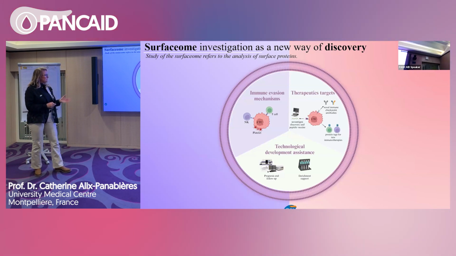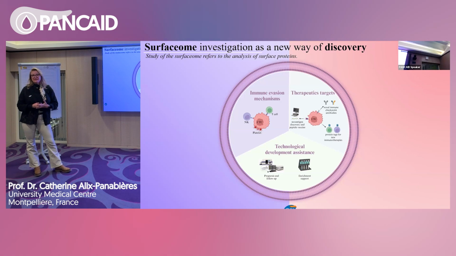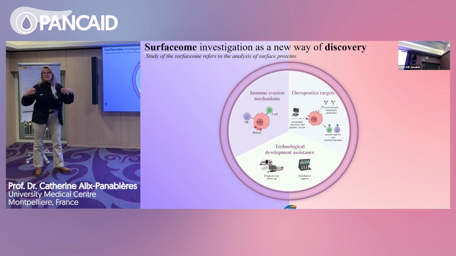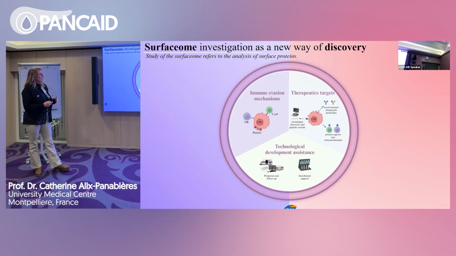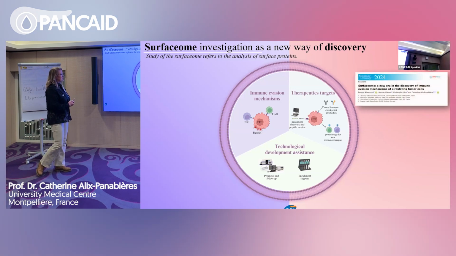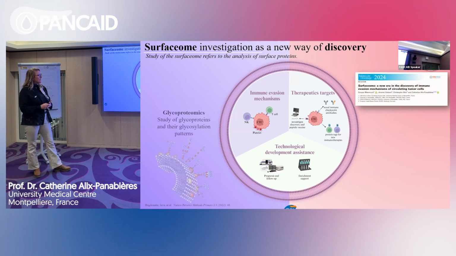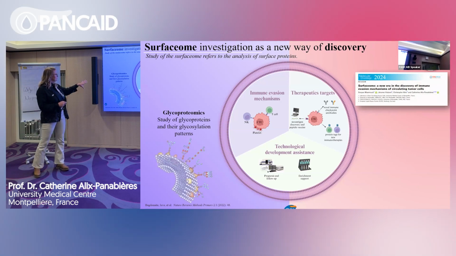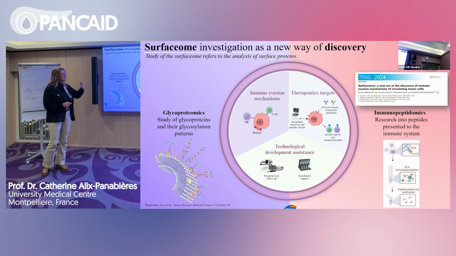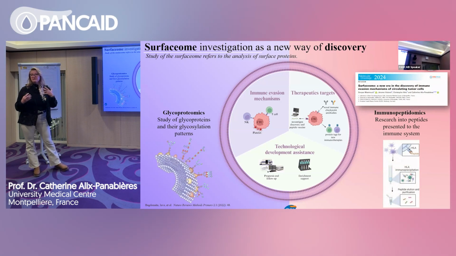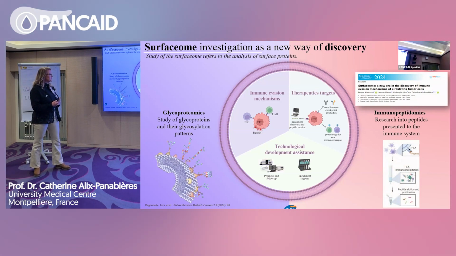So that's why it's really important not to work on just tumor cells like that, but we have the chance to have CTC lines, which means that we are working on CTC lines, the ones that are giving rise to distant metastases, the ones that we need to block and to eradicate. We wrote a very nice review on that, the approach and the technology. So the idea is really to do the glycoproteomics, but also maybe, if we have time, the immunopeptidomics: what is really in the interaction with the immune system.